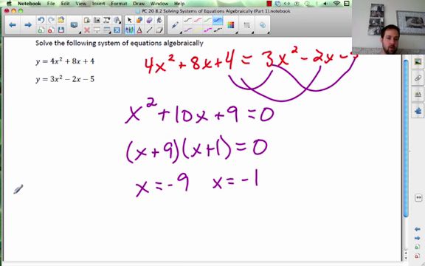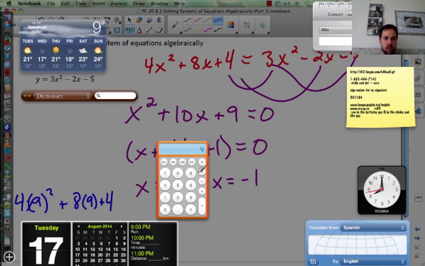So the first one we go 4 times 9 squared plus 8 times 9 plus 4. So that's 4 times 81, which I believe is 324.